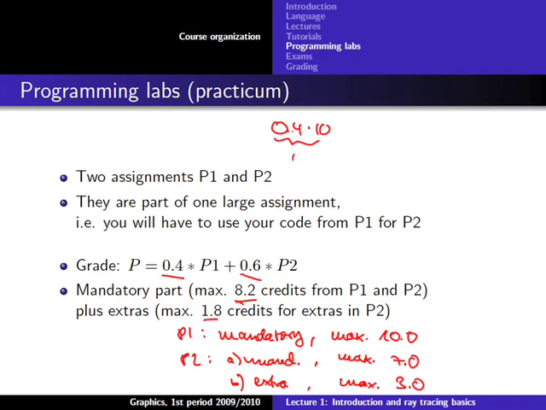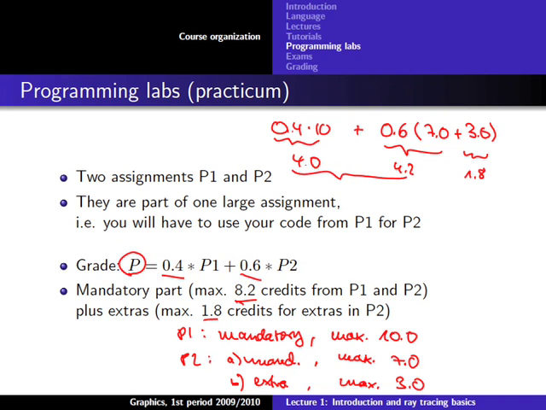So that is a maximum credit of 4.0 for the total programming credit. Plus for P2 you have 0.6 times a maximum of 7, which is 4.2, plus a maximum of 3, which comes down to 1.8. So you see you get around 8 maximum and around 2 here.